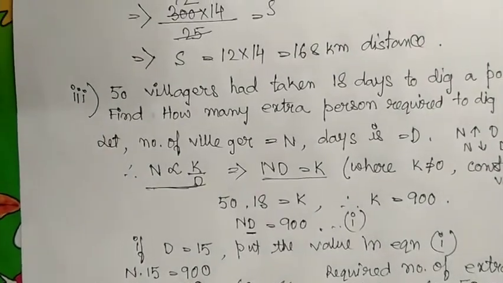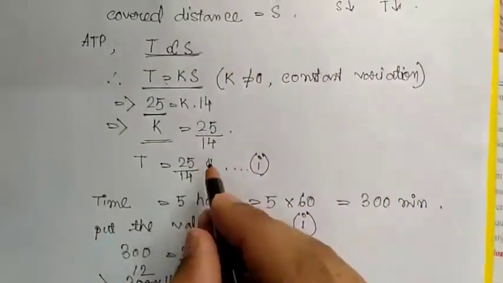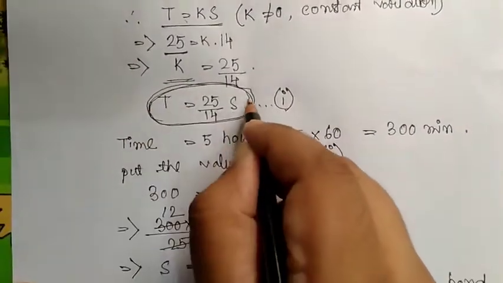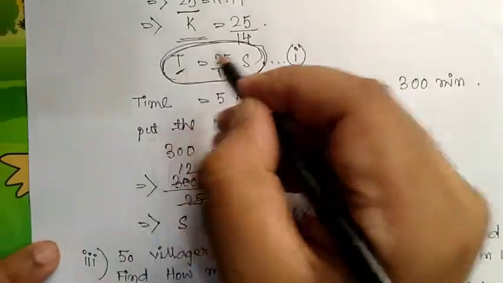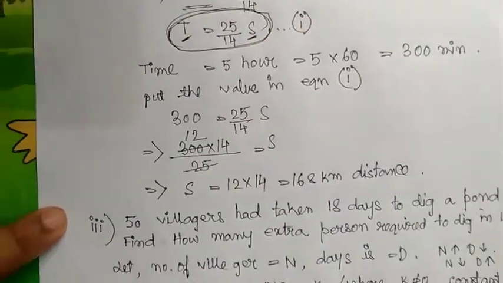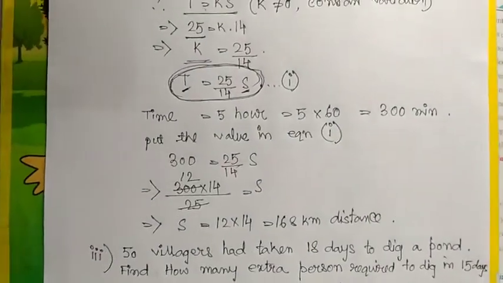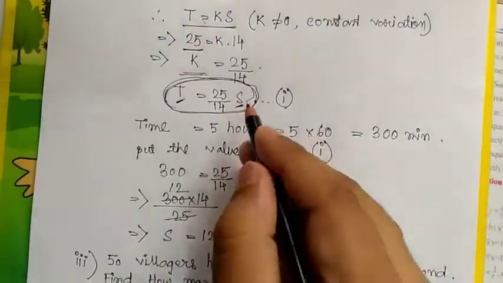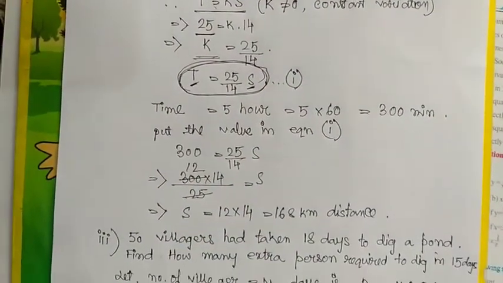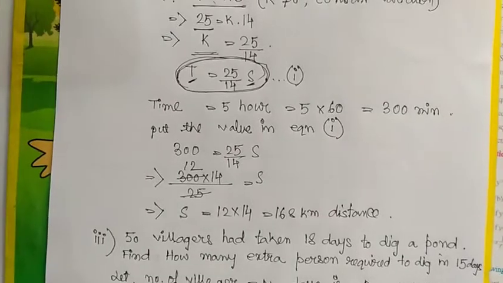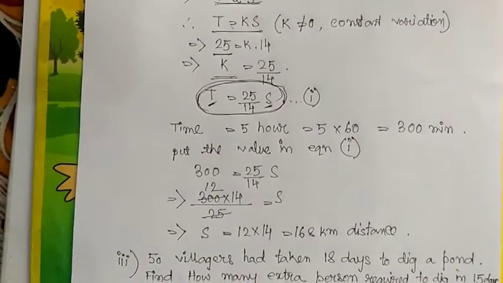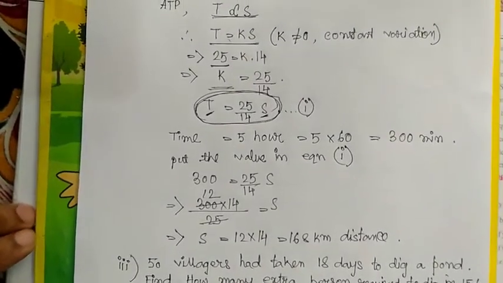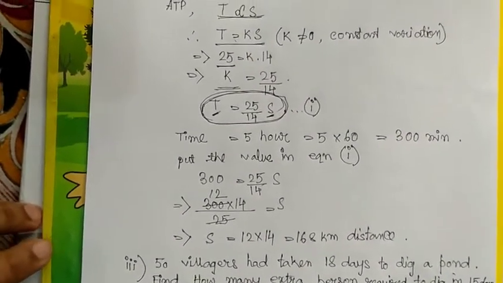After that, you have to write the equation in this form. And after that, you can see there are two variables, and from the question, you have to find out one of these values and find out the other value. This is a very simple procedure, but you have to write in a systematic way. First of all, you have to find out the k or constant variation, and therefore you have to find out the required answer.